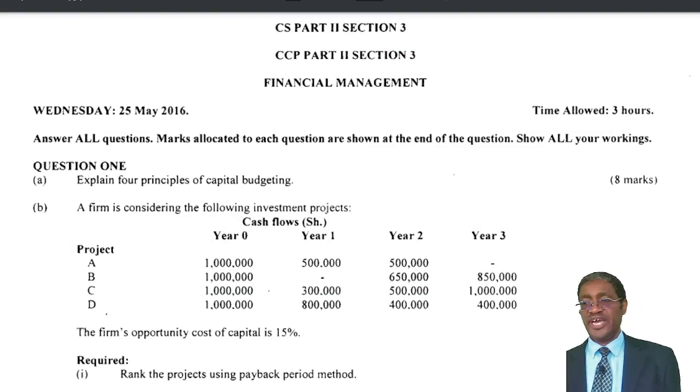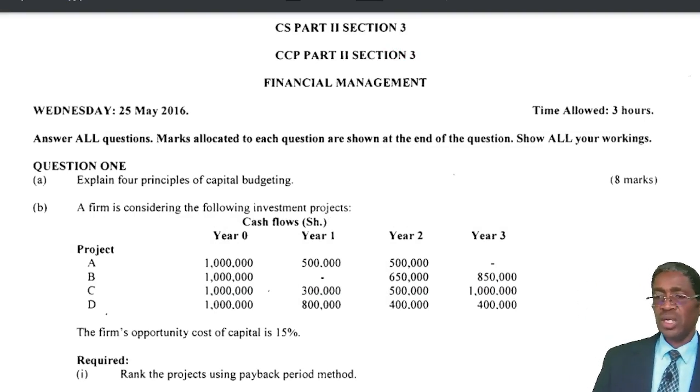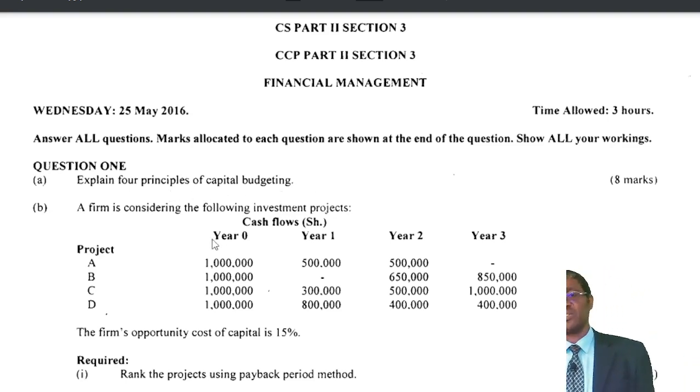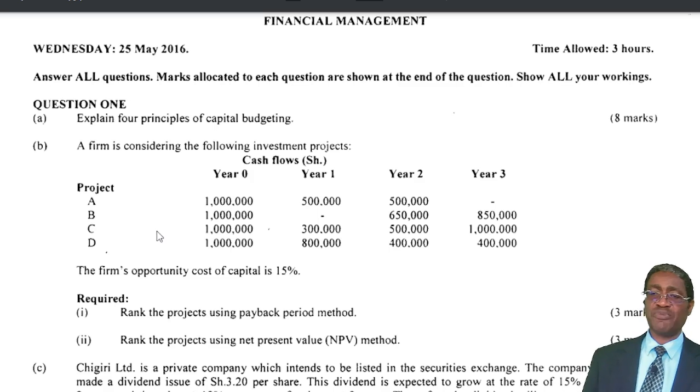Okay, there it is. We are doing a question of May 2016. Question number 1B. Number A says, explain the concept or principles of capital budgeting. I will explain that later. We have not covered it yet. Number B is what I'm concerned with now.